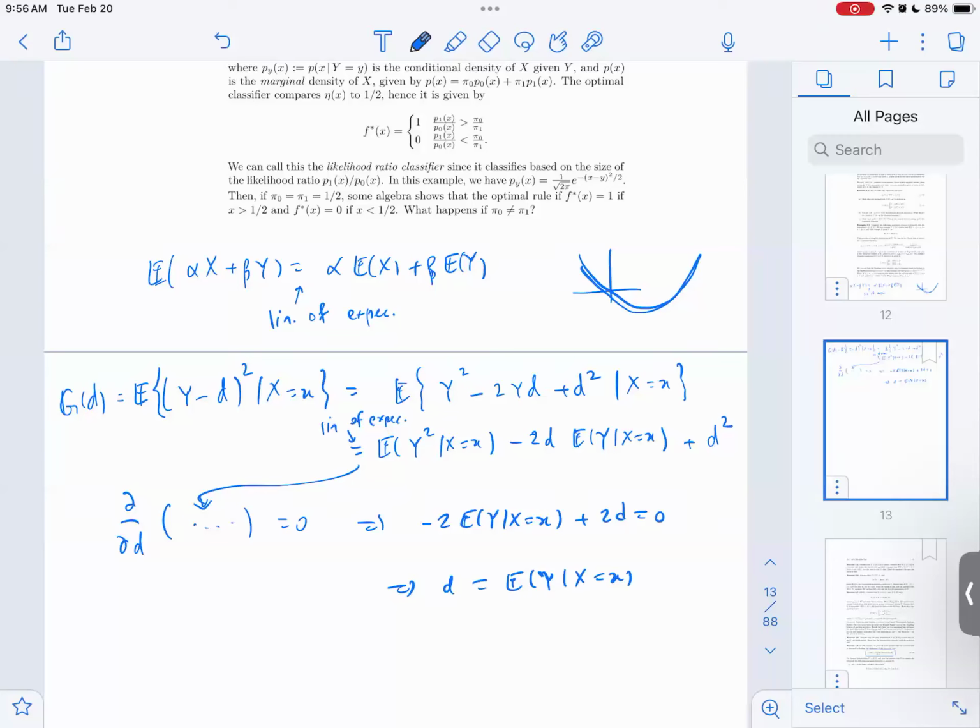If you do the same without conditioning, what do you think you get? The expectation of y. That says the best constant prediction of y is the expectation of y in the MSE sense. Conditioning says: if I know x, what is the best approximation of y? It turns out to be the conditional expectation.